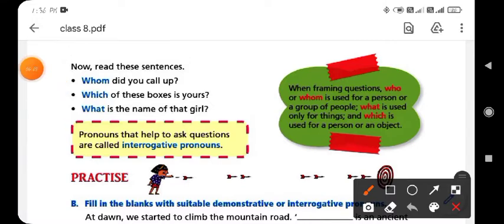It means who is used to refer to a person, and which is used to refer to a person and things, and what is used only for things. Okay, these are interrogative words, and they are used in different ways, like who or whom is used for a person, or a group of people.